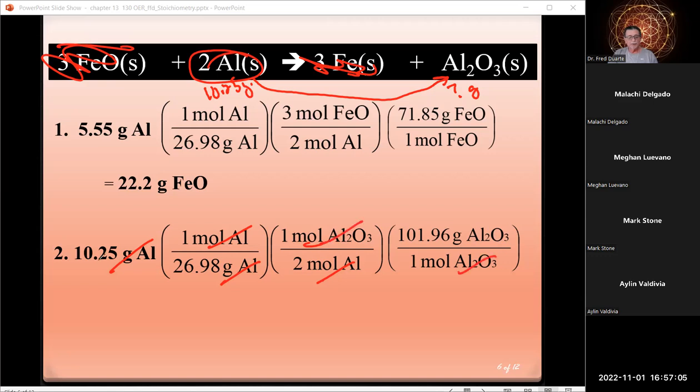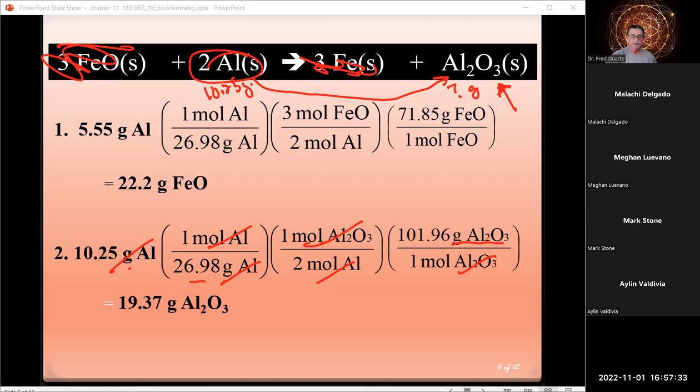Notice something: when we start in grams and we want moles, we divide by the molar mass. When we end up in moles and we want grams, we multiply by the molar mass. So with respect to units, we have grams of aluminum oxide, which is what the question asks for. Now you plug in the numbers.